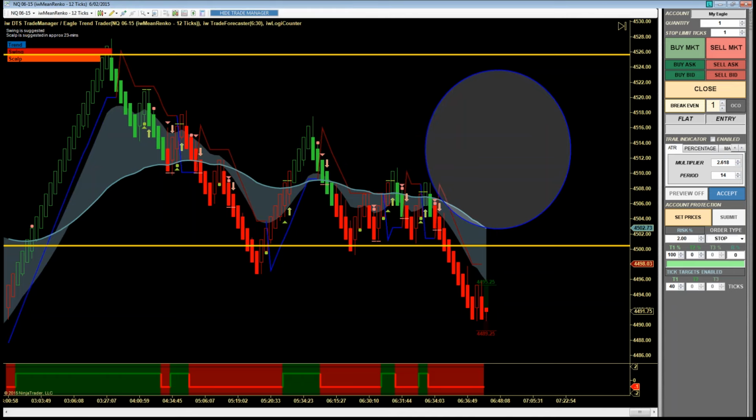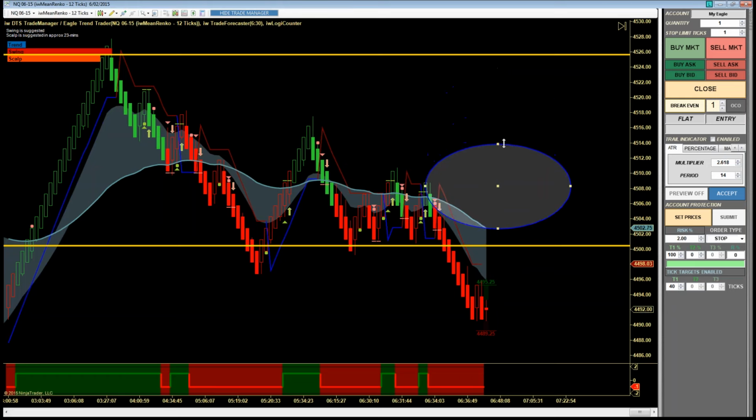Now when you get the really big opening gaps, it's difficult to determine whether the market's going to want to fill that gap or whether that's what they call an acceleration gap. An acceleration gap normally sees the market just continue in the direction that the market has gapped. A smaller gap is almost always filled.